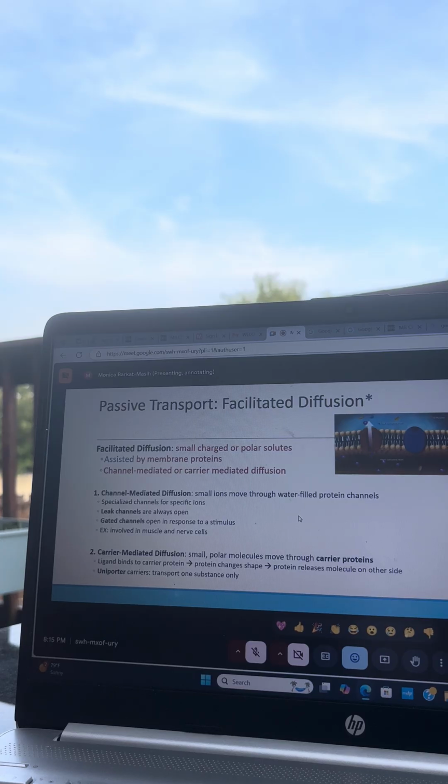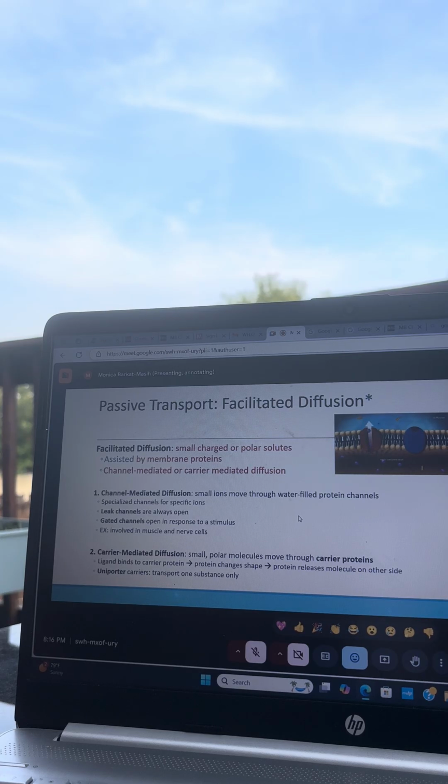We did that the other day in the lab. What did we use for facilitated diffusion? The sodium, potassium, no? Perfect. What did we use the other day? Glucose.